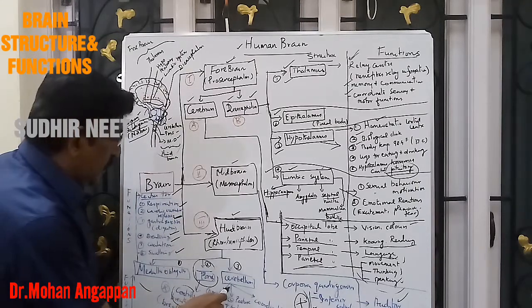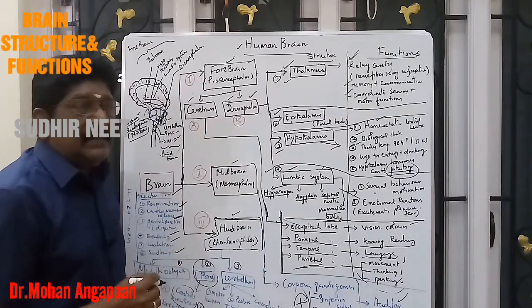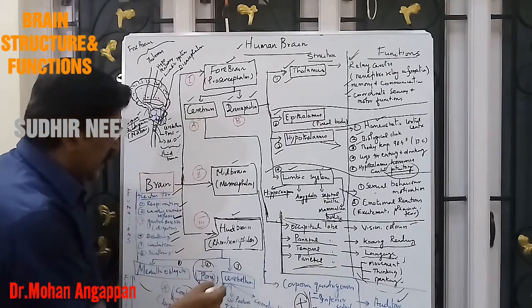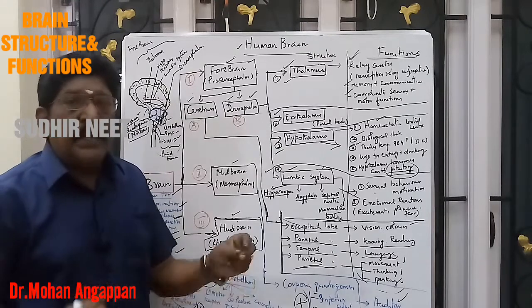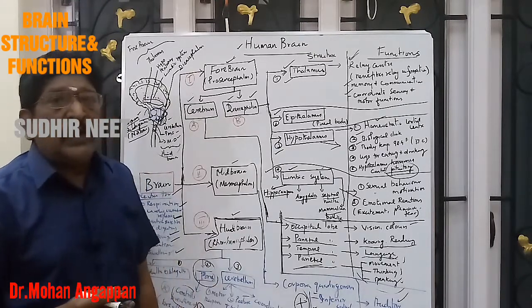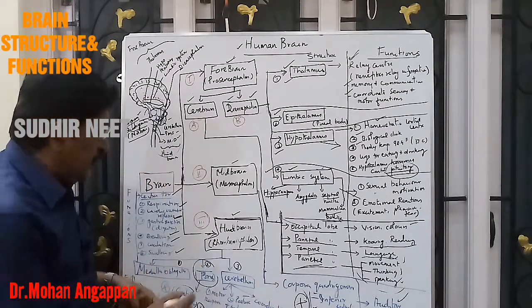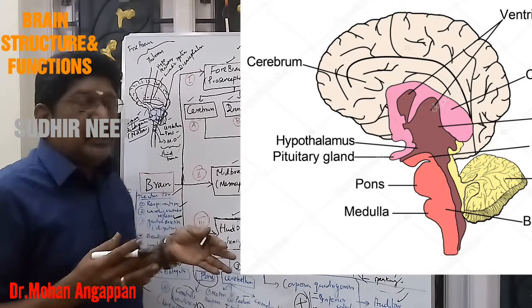It controls the motor responses for our activities of hands, legs, etc., for motor activation. Number two, our posture and balance of the body. If the cerebellum is affected, we cannot stand in the right posture.